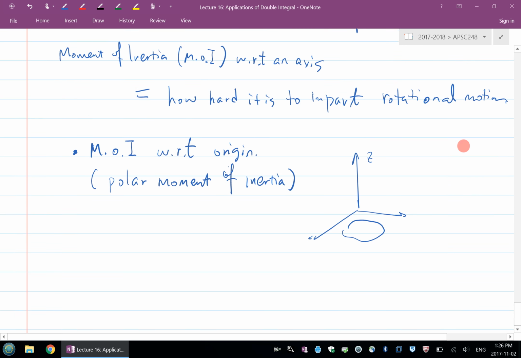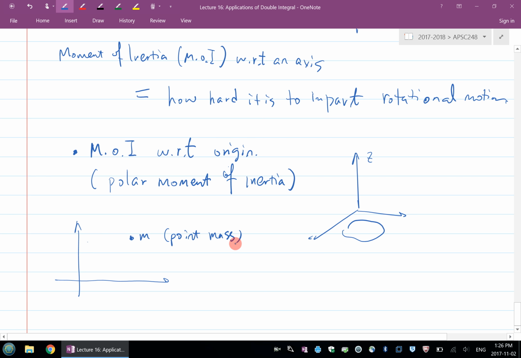Let me draw another graph here. I'll start with a point mass, so you have an m right here. This is a so-called point mass, meaning you ignore its volume. It's so tiny that everything is concentrated on that one single point.